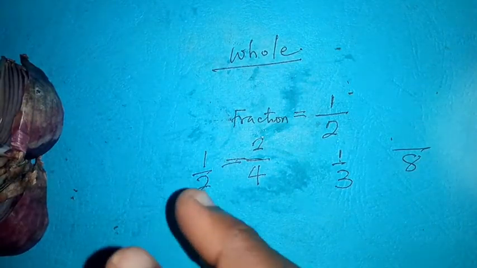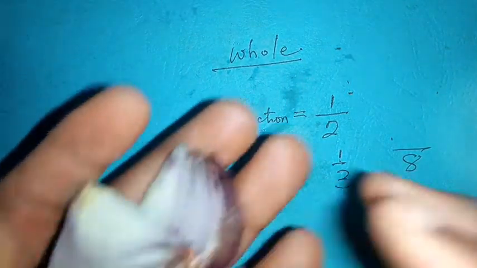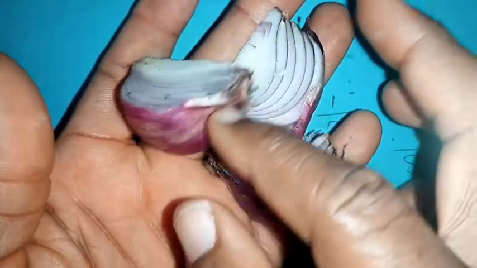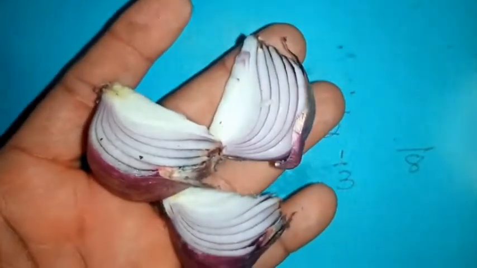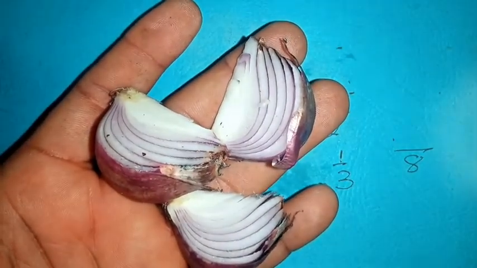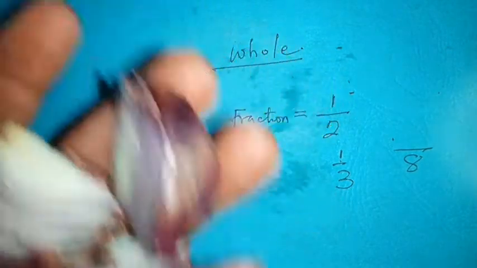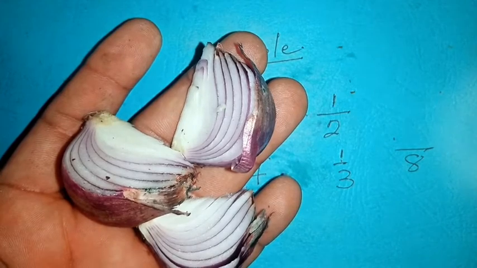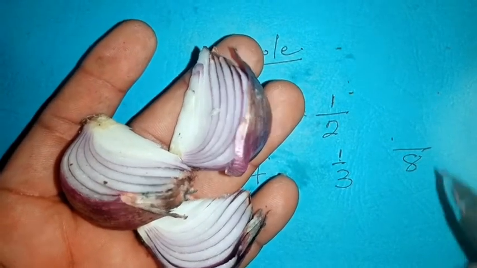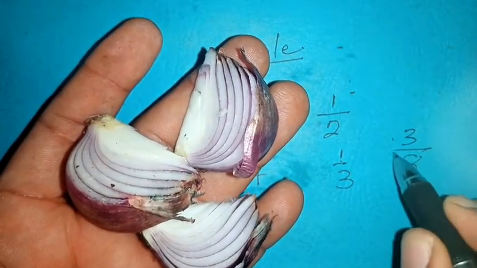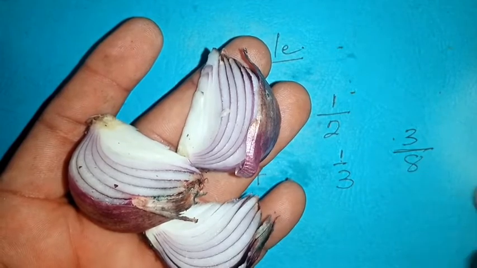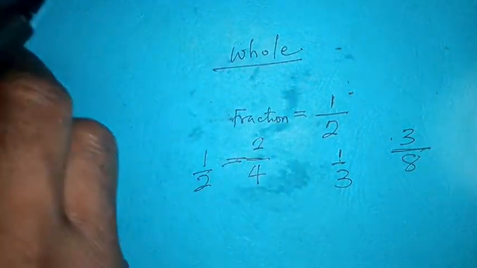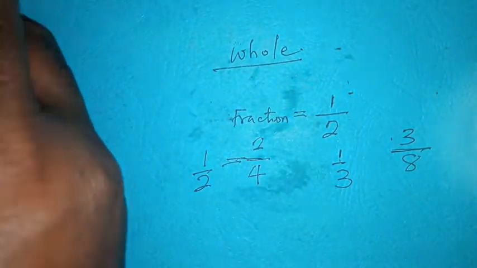Now, out of this 8, if I decide to use 3 for cooking, or we are sharing this with friends, I decide to give these 3 to my friend. What fraction was given to my friend? It is going to be 3 over the total parts. Imagine that I decide to use 7 out of this 8.